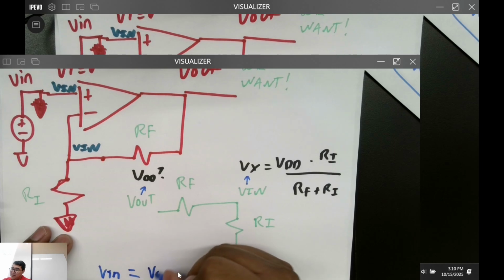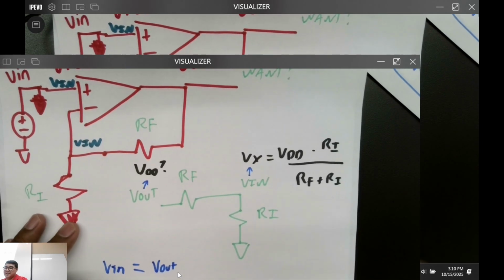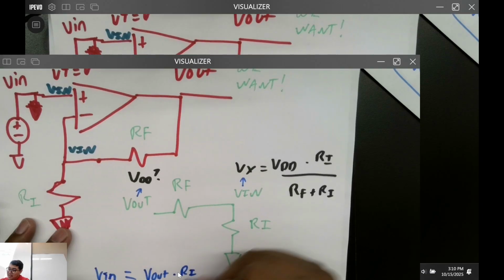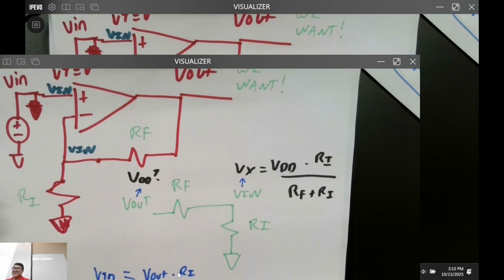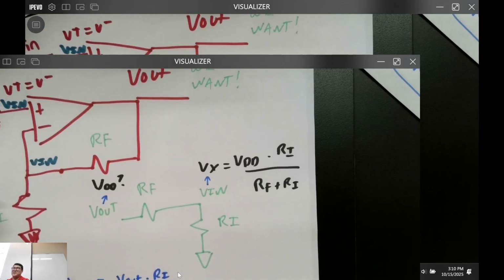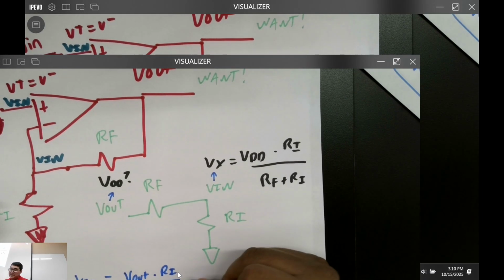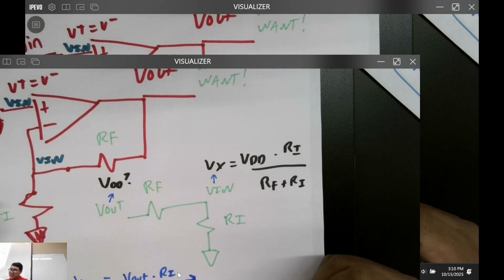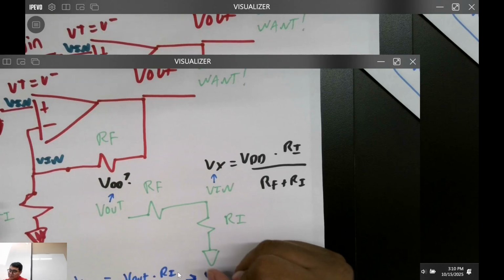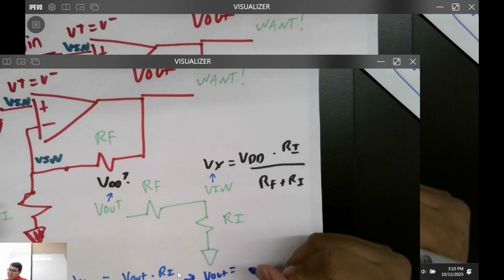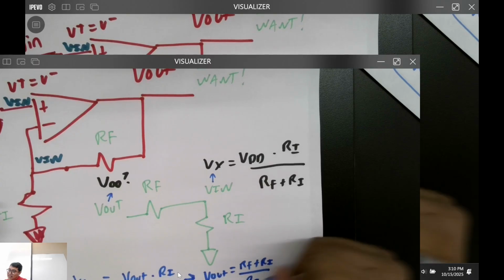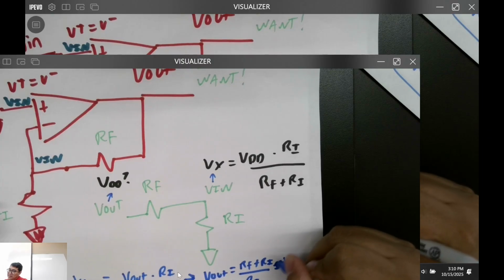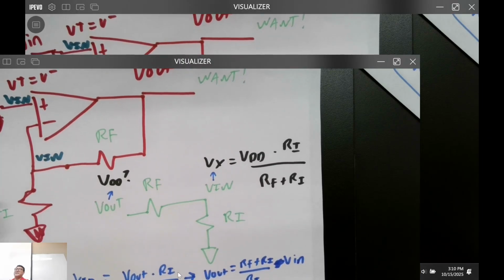VDD is V out. Does that make sense? Times RI divided by RF plus RI. Solve for V out. Is everyone seeing what I'm trying to do? Is anyone bothered if I do this? V out times RF plus RI divided by RI is equal to VN.